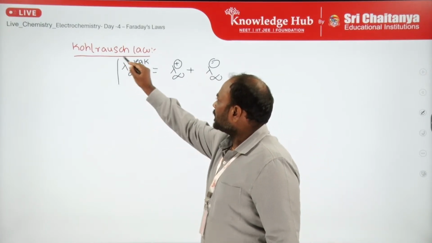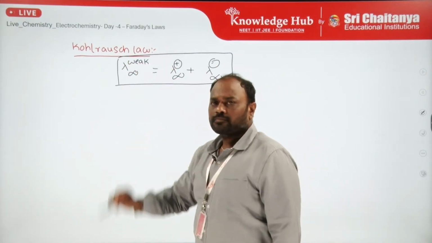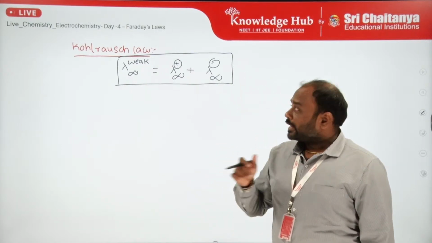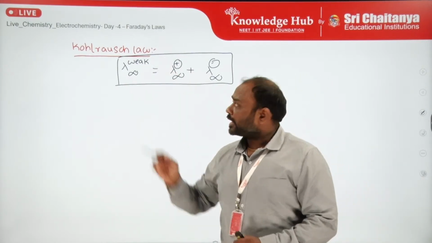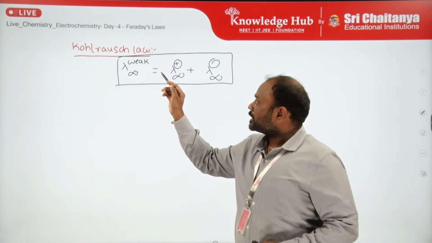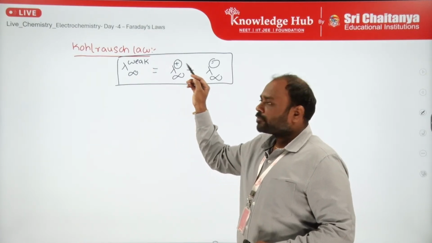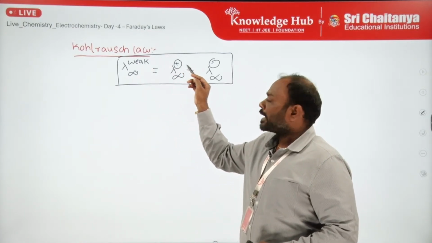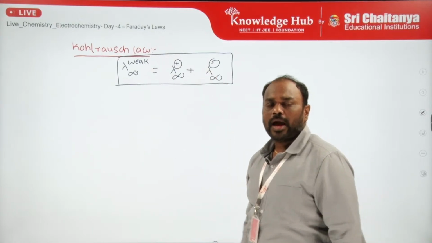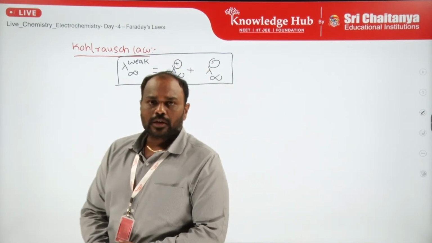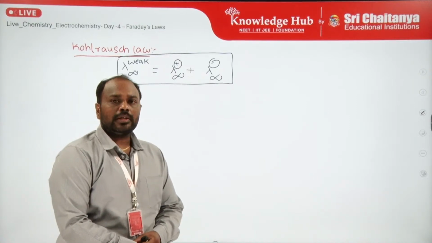This is called Kohlrausch law. What is the Kohlrausch law? Equivalent conductance of weak electrolyte at infinite dilution is equal to the sum of equivalent conductance of cation and equivalent conductance of anion at infinite dilution. That is known as the Kohlrausch law.